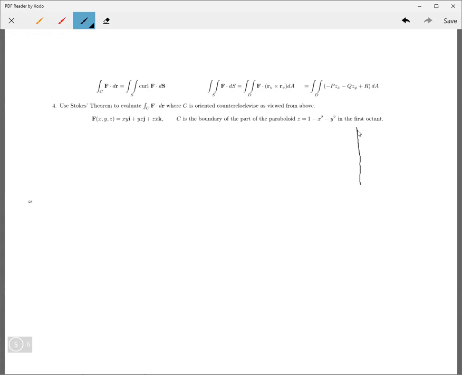Okay, so let me go ahead and draw the region first. So this is the paraboloid. When x and y are 0, you're up here at 1. And when z and x are both 0, then y is going to be 1, so you're over here also.